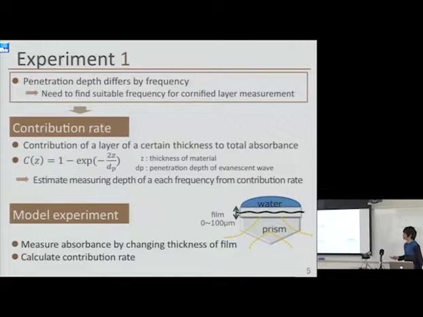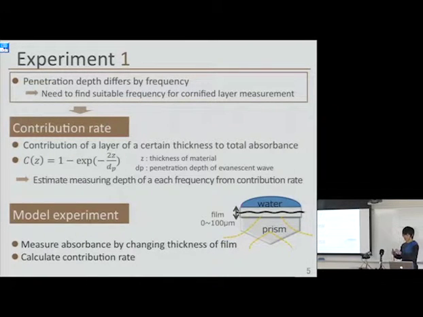The contribution rate is the contribution of a layer on the surface of the prism of a certain thickness to the total absorbance. The contribution rate is calculated by this equation, and by calculating it, we can estimate the measuring depth of each frequency.